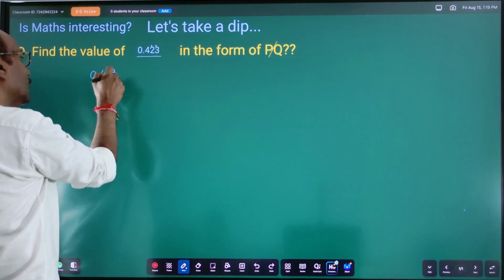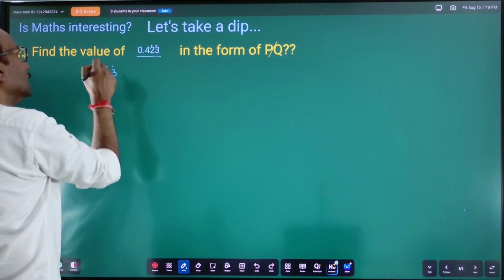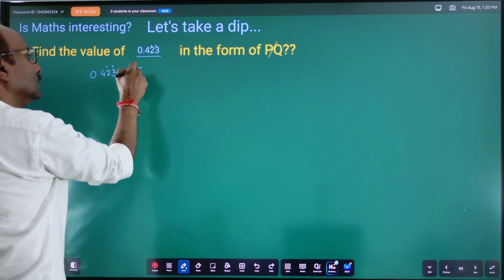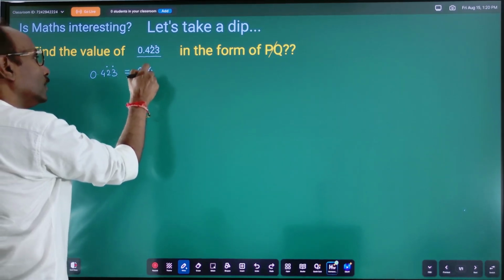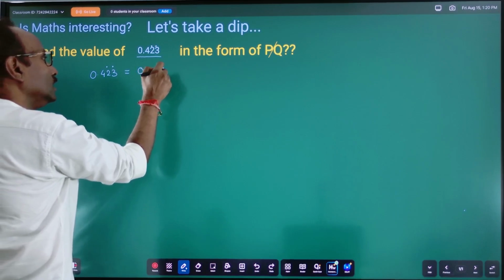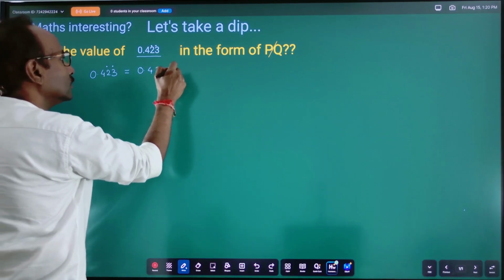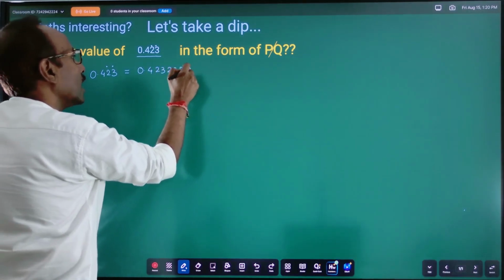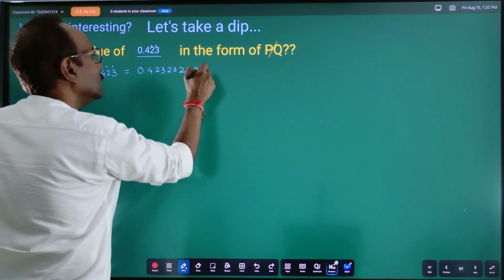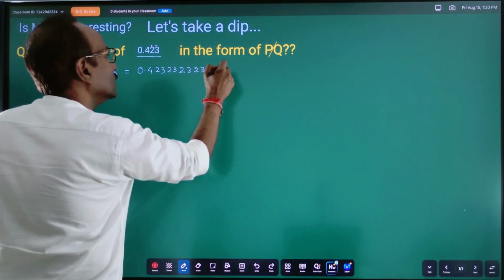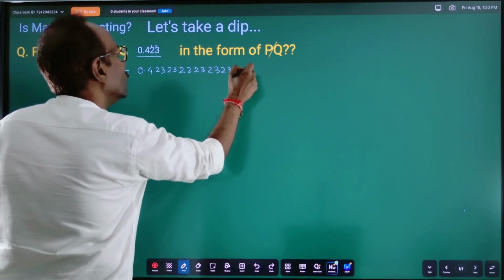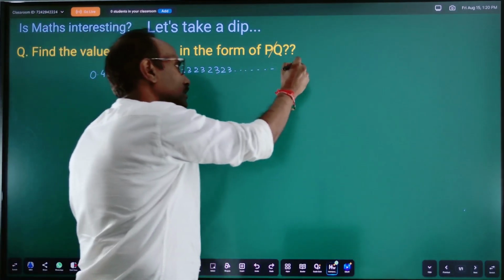0.423. How can you extend it? As this is recurring, indicated by the dotted line, 2 3 will keep recurring: again 2 3, again 2 3, and so on till infinity.